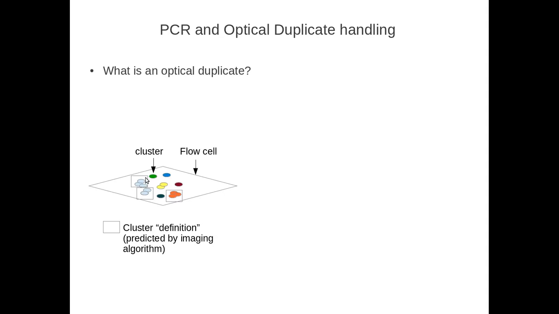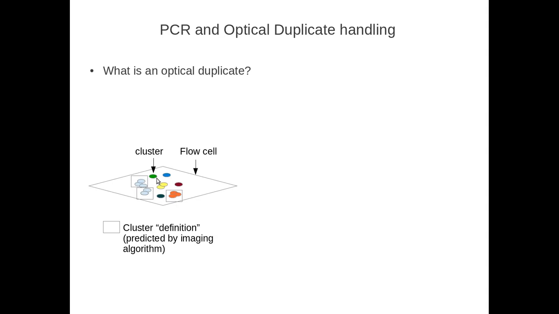Another way in which you can be analyzing reads that come from the same genomic fragment, but we're sequencing multiple times, or they appear multiple times in your alignment as different read pairs, is because of an imaging problem associated with the imager detecting clusters on the flow cell.